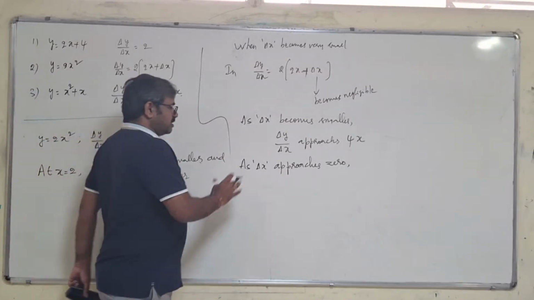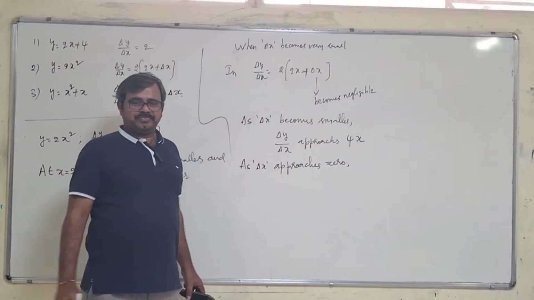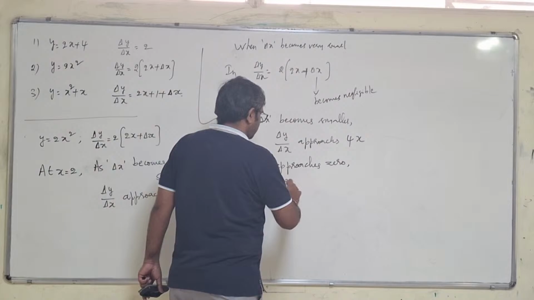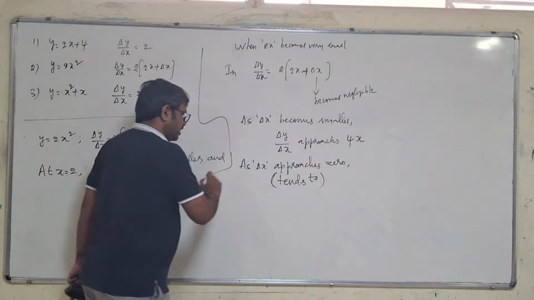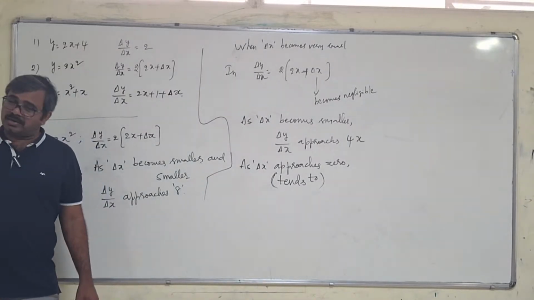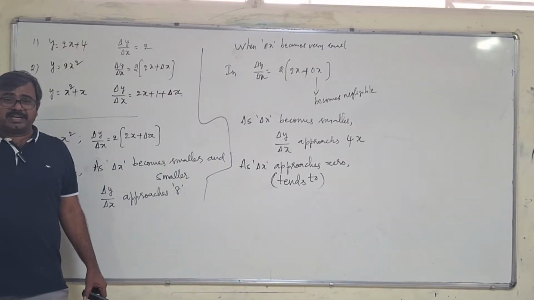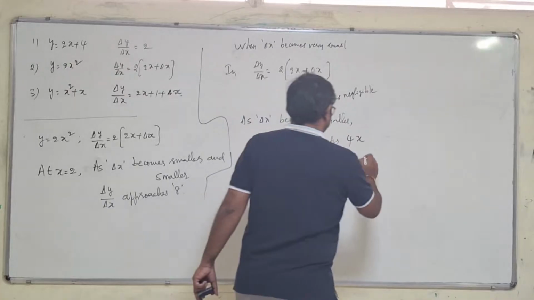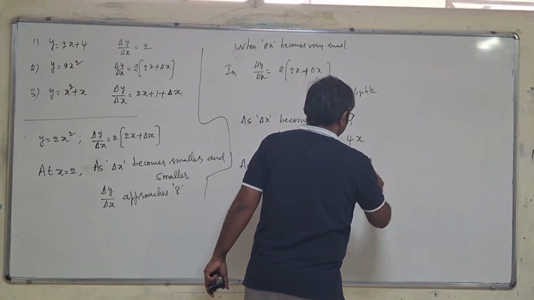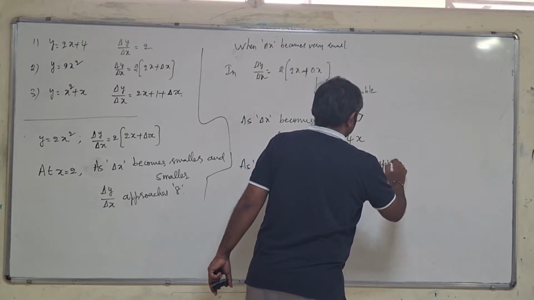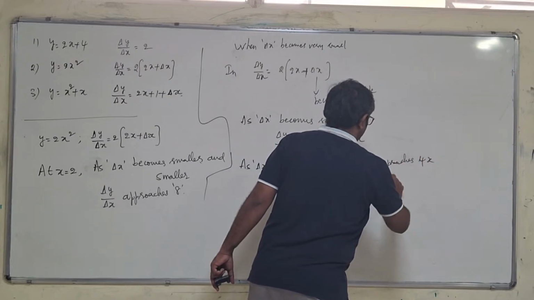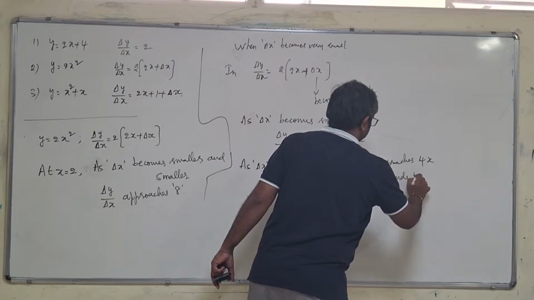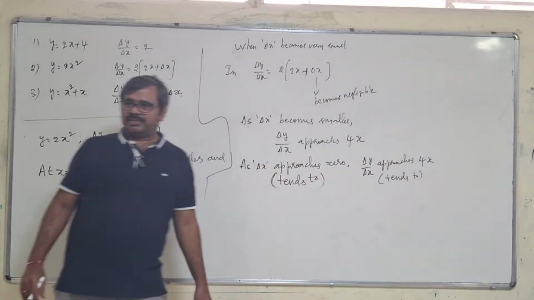Delta x becomes very small, approaches 0, or we say tends to 0. As delta x approaches 0, or tends to 0, what can I say? Delta y by delta x approaches 4x, or tends to 4x, tending towards that number. That's what we are saying.